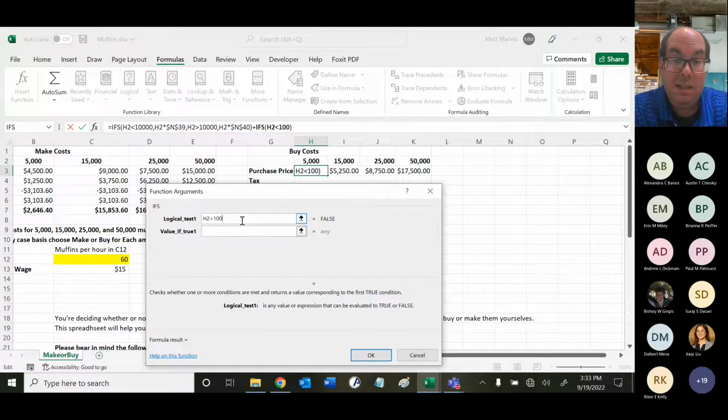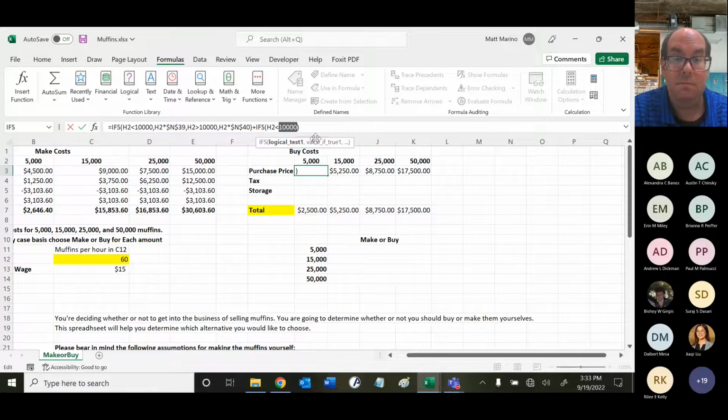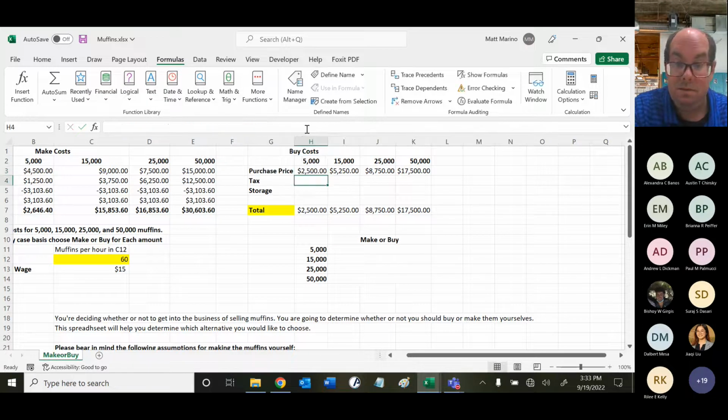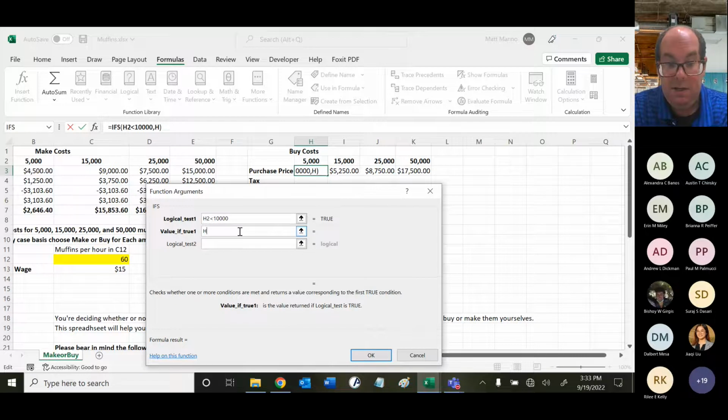H2 less than 10,000. Then H2 times N39 absolute.